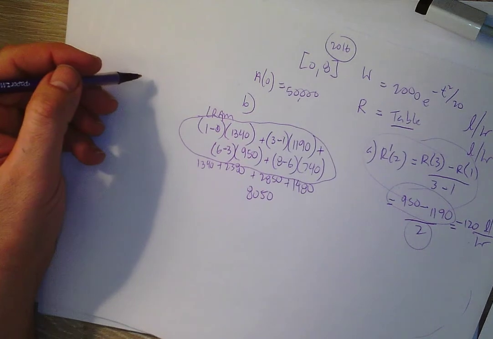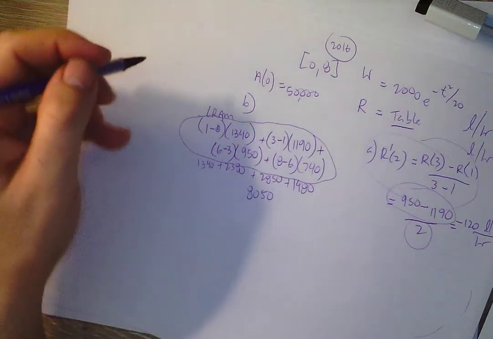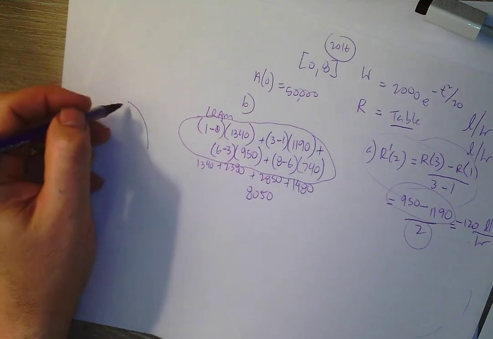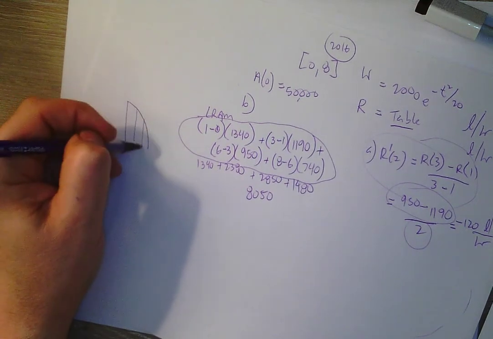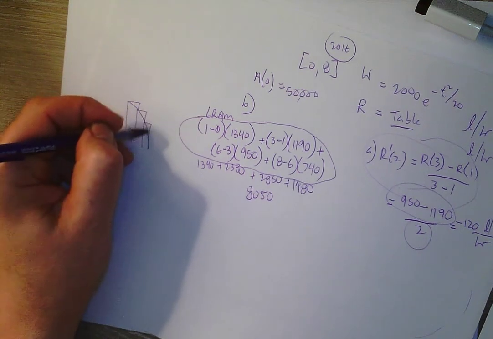Well, in the stem of the problem, they tell me that water is removed from the tank at a rate modeled by R, liters per hour, where R is differentiable and decreasing on 0 to 8. So R is decreasing. So when I think about my LRAM, my LRAM uses the left height.